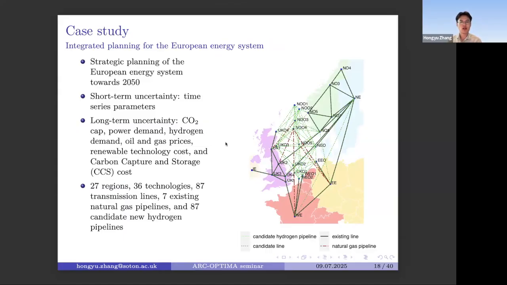We use the model and the proposed algorithm to solve this integrated planning problem for the European energy system. As you can see, we have very detailed modeling of the North Sea system, including all the oil and gas platforms in the Norwegian continental shelf, and also different types of pipelines.